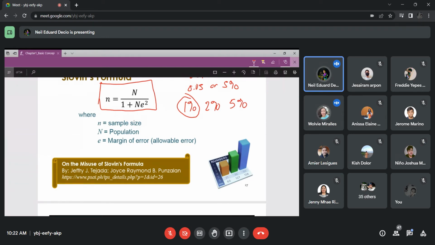Kasi, every type of sampling, every sampling technique has its pros and cons. Like say for instance, simple random sampling is effective, di ba? Because randomly selecting talaga yan, so lahat ng member in the population have an equal chance of being selected. But then napaka-costly and napaka time consuming.